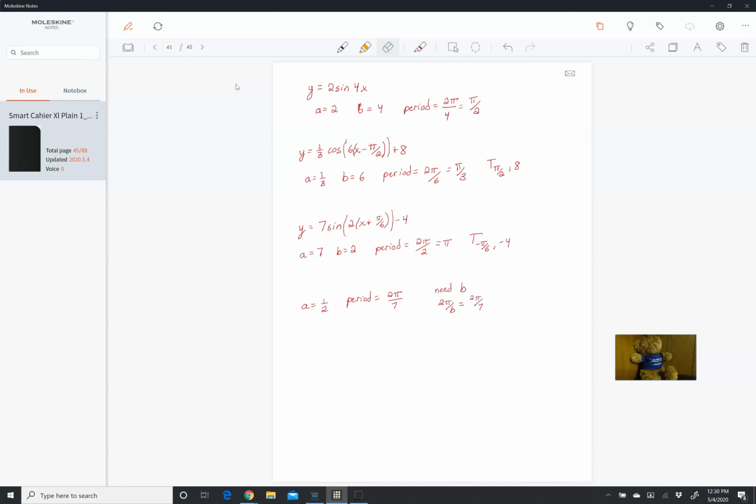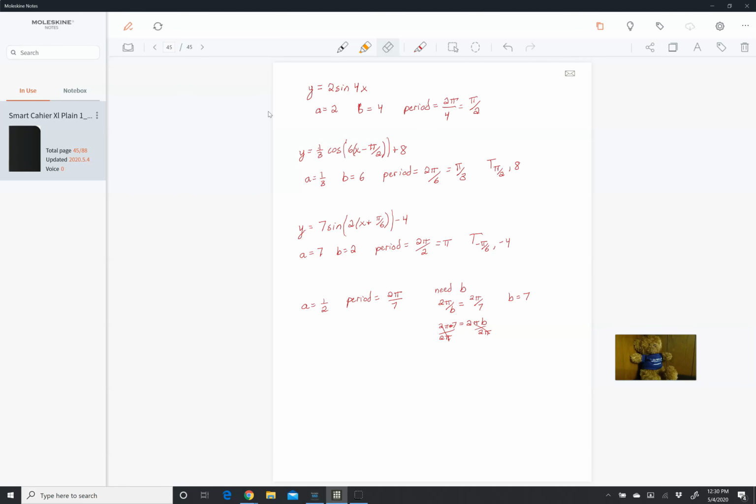So if we solve, we get that b is equal to 7. You can cross multiply. So here it's very easy to see. You have 2 pi times 7 is equal to 2 pi times b. So if you divide both sides by 2 pi, the 2 pi cancels. Okay, you can cross multiply.